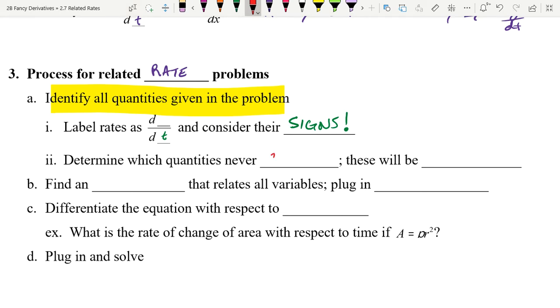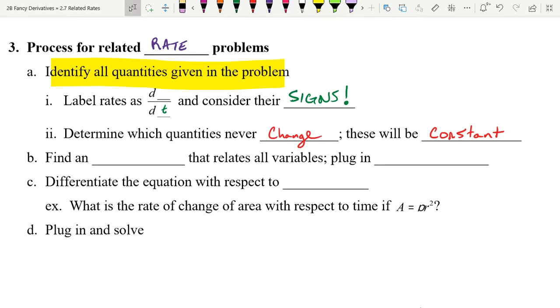Determine which quantities never change. Because if something doesn't change, that will be a constant. And that's a big part of all of this. We're talking about related rates. So if something doesn't change, then we want to make sure we treat that a little bit differently. Once we've done that, we're going to find an equation that relates all the different variables.